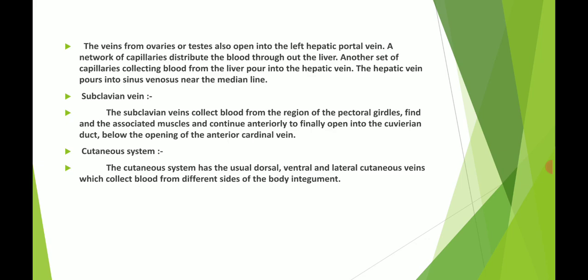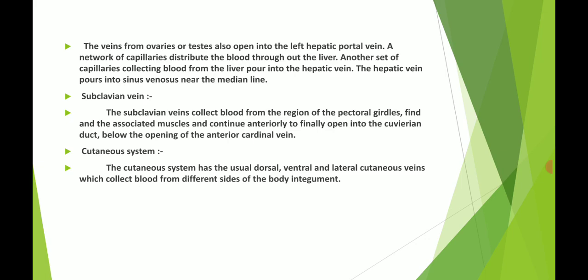In the hepatic portal system, organs all over the body of the fish are involved. The ovaries and the testes, which are the reproductive organs of the fish, also take part in the hepatic portal system.